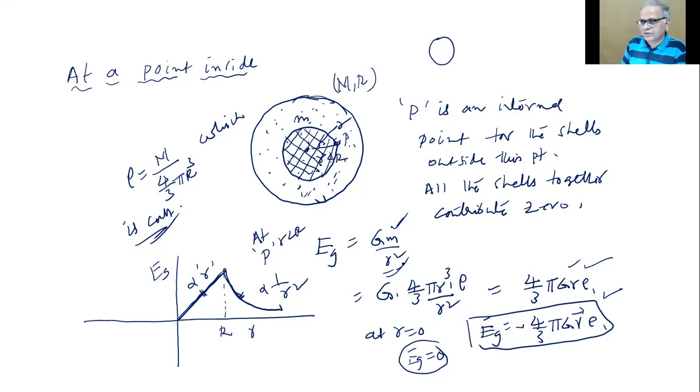See, for this lesson, sky is the limit because it is gravitation. Gravitation is there all over, an all-pervading force. So we can discuss so much. Right. Can I continue, children, now? Are you writing?